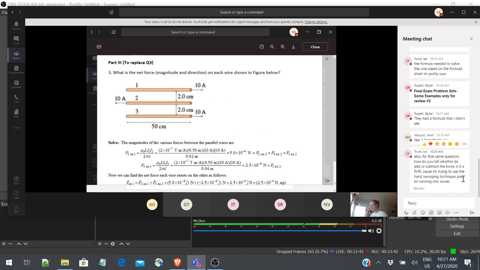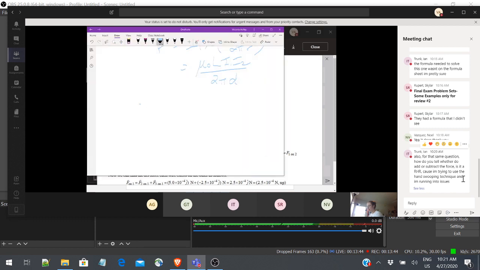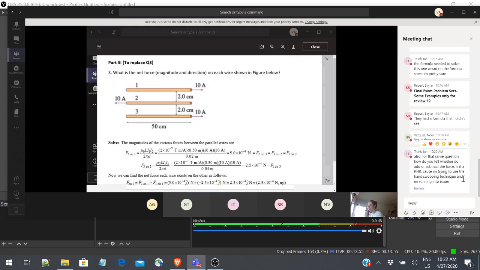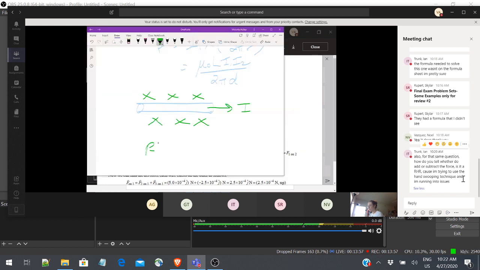So you have a wire that is in an external field going into the page, and it has a current going this way. Then you do the right-hand rule, F is I L cross B. L is your thumb, B is into the page, F is up.